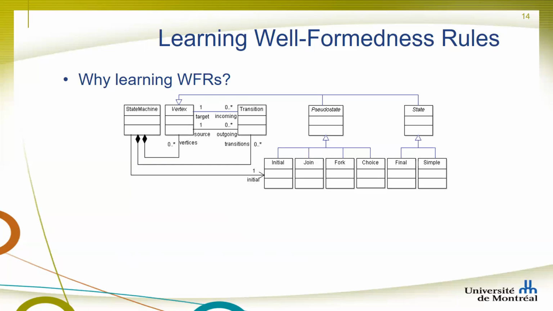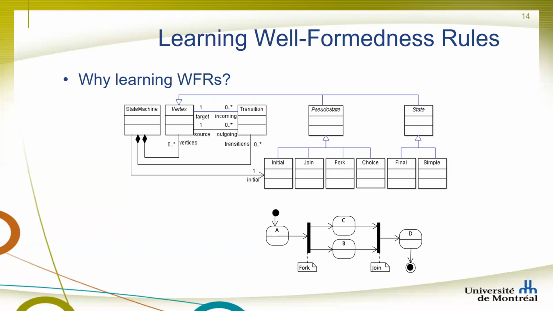This is what we generally call a metamodel. This is an example of a simplified version of the state machine metamodel, or the state machine language. I have vertices, I have transitions, I have pseudo-states, and in pseudo-states I have a join, a fork, a final state, a simple state and so on. This is a description of my language.